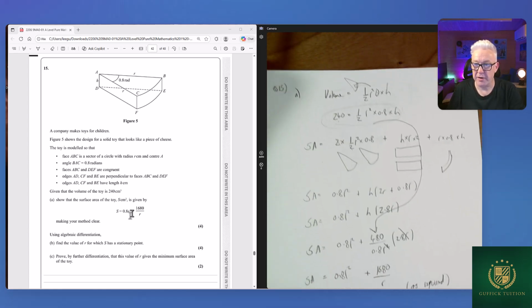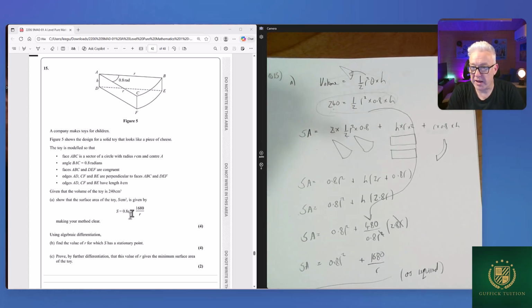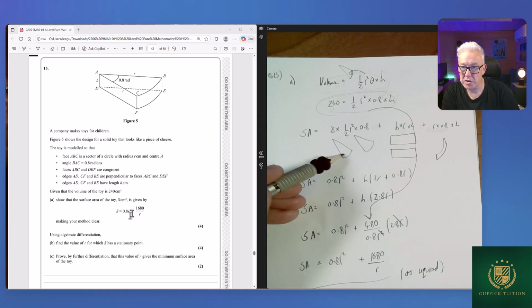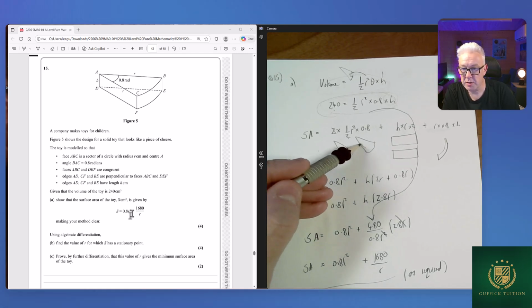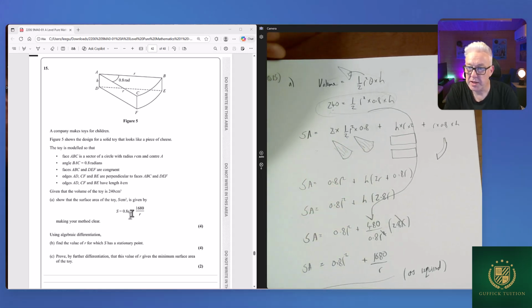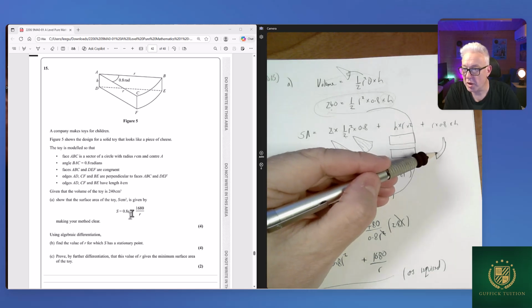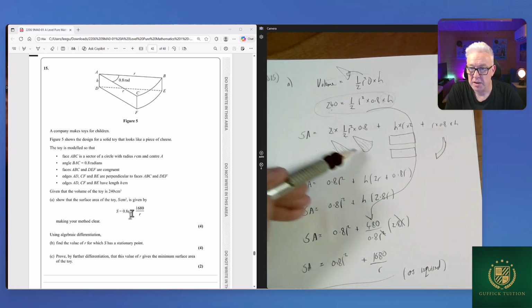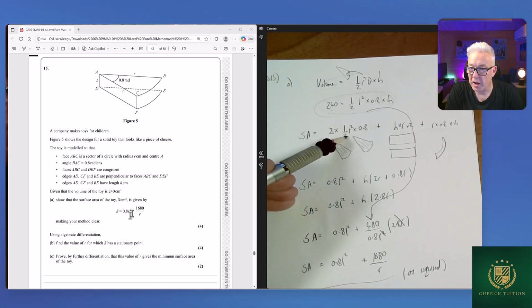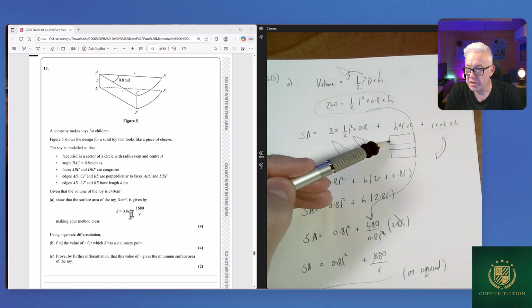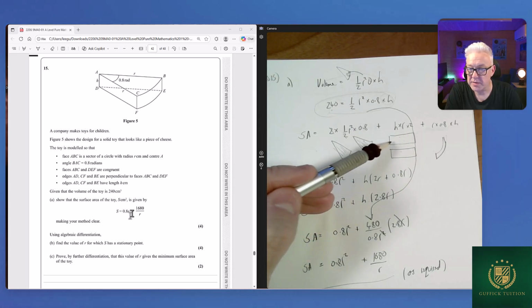Now the surface area, which remember is as if you were going to paint the outside of the shape, we've got two of these sectors like this. We've got two rectangles and we've got one curved face at the end. So there's 2 times by a half r² theta. So 2 of those. We've got 2 of these rectangles, which are r times by h.